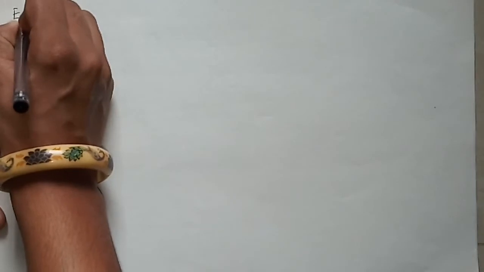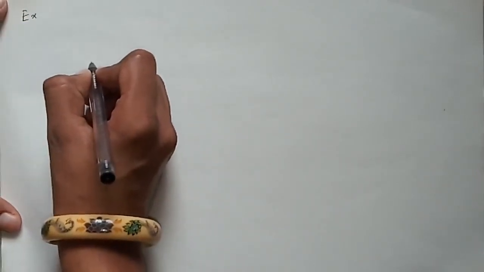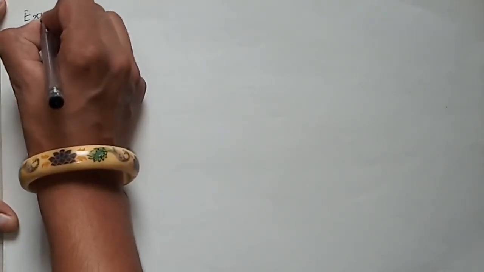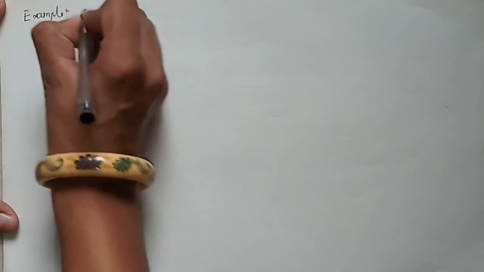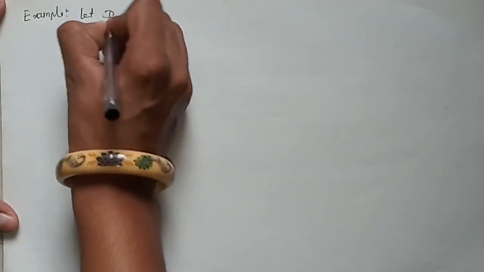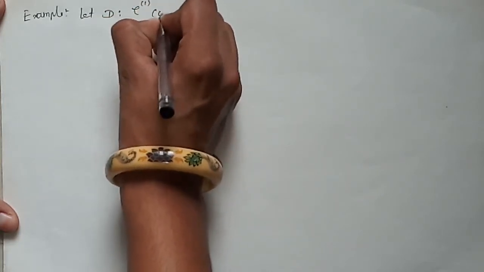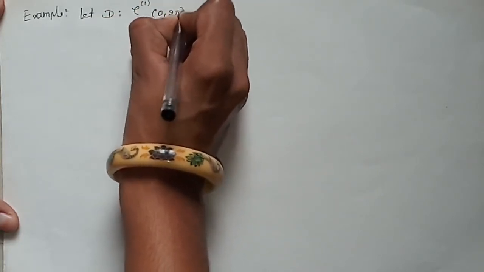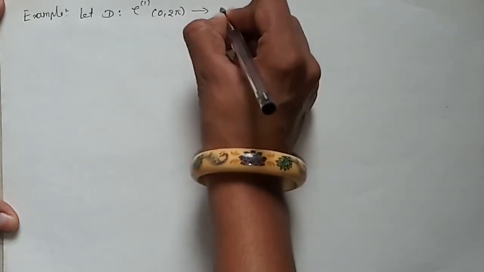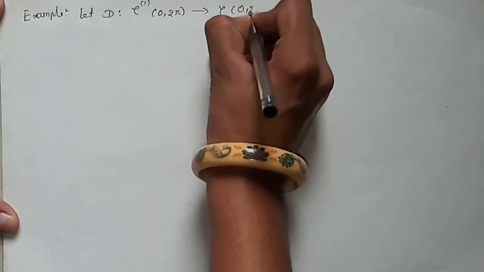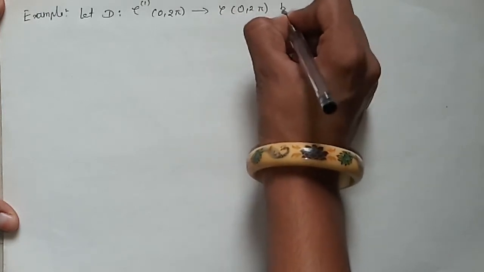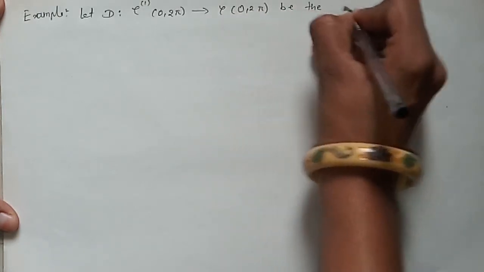Example on operator equation. So our first example is: let D be a mapping of all continuous functions in the interval 0 to 2 pi to 0 to 2 pi, be the differential operator.